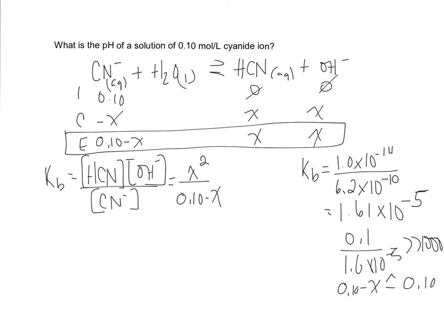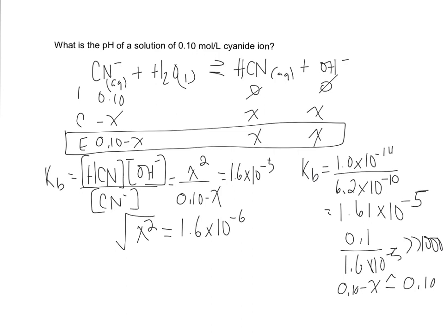All right, so here we go. Kb is 1.6 times 10 to the negative 5. So x squared is equal to 0.1 times 1.6 times 10 to the negative 5, which is 1.6 times 10 to the negative 6.